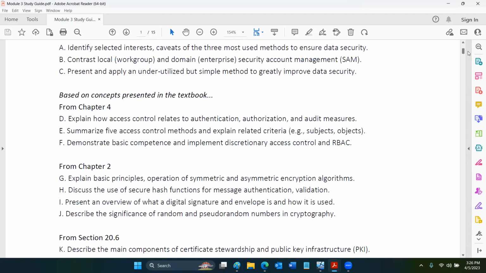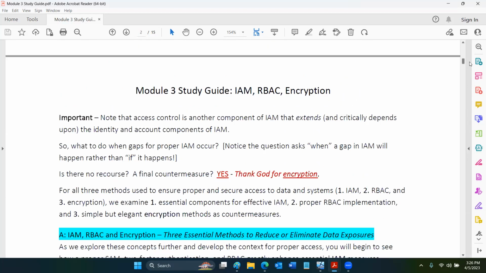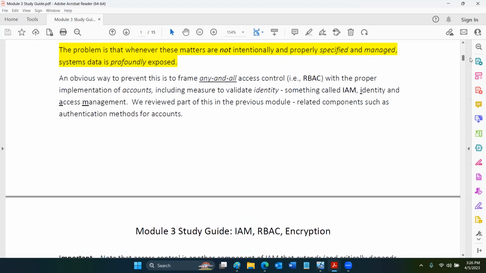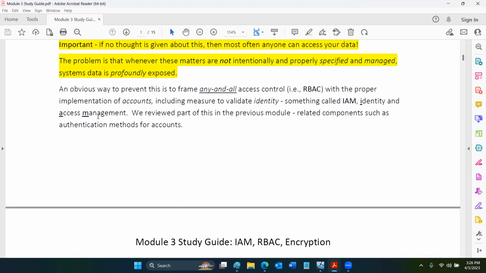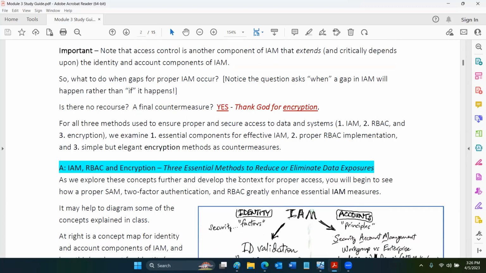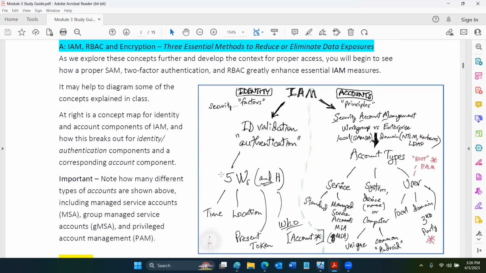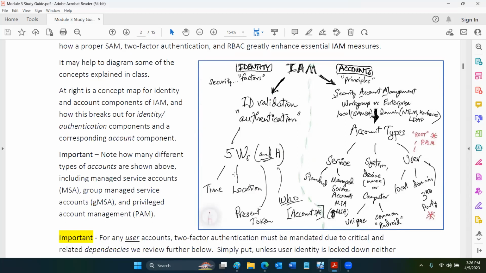And so identity and access management has those two sides of the fence, right? And the authentication piece involves security factors. And those are the components used to identify and authenticate an individual or a group of individuals.